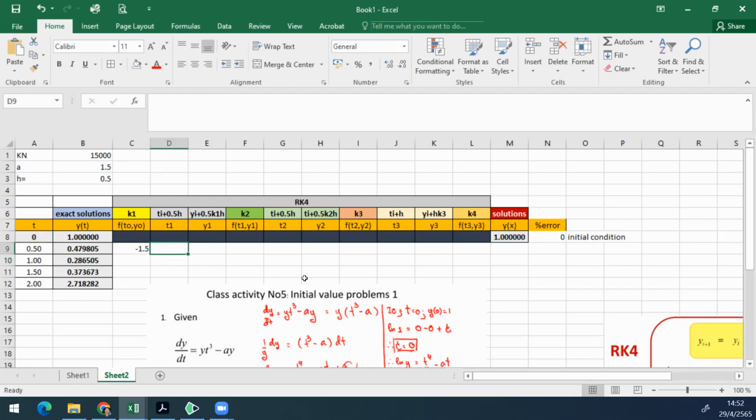And then t1 is equal to what? t1 is equal to ti plus 0.5 h, and y1 is yi plus 0.5 times K1 times h.